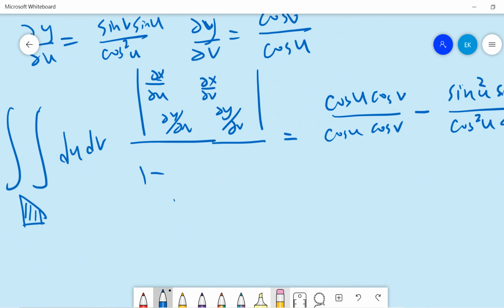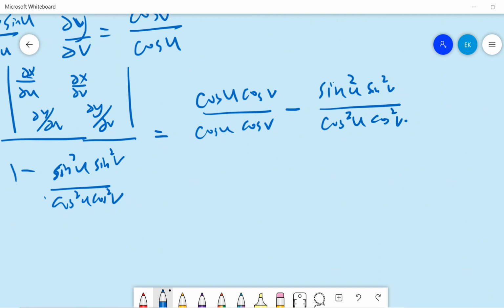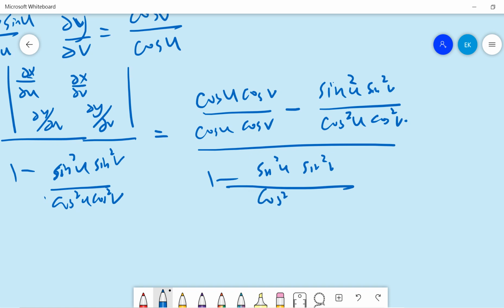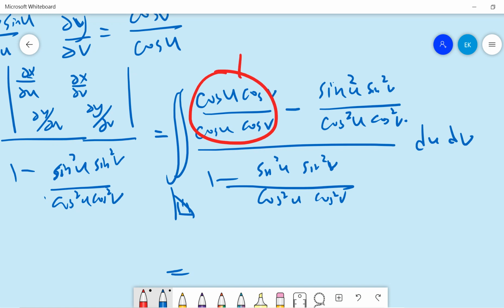So basically, you see this term is 1, and this term is the same as this term, so it cancels.